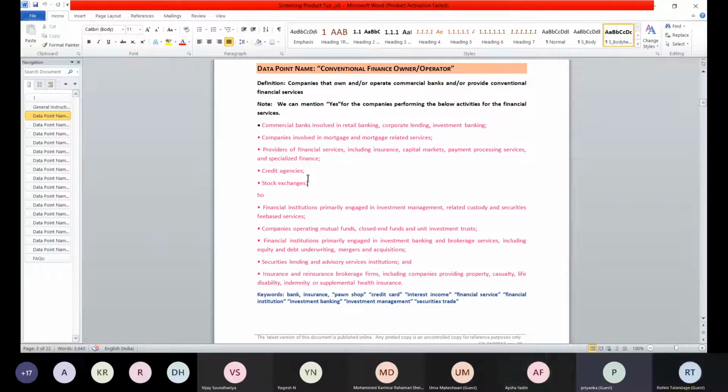Ma'am, what are mortgage related services? Rahman, can you explain that? Mortgage is nothing but keeping our jewels and taking money against that.